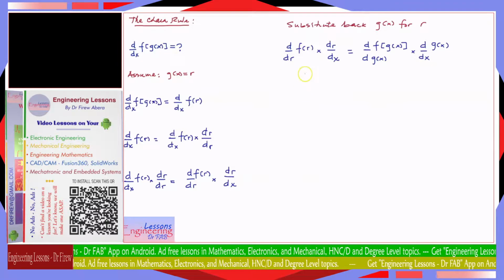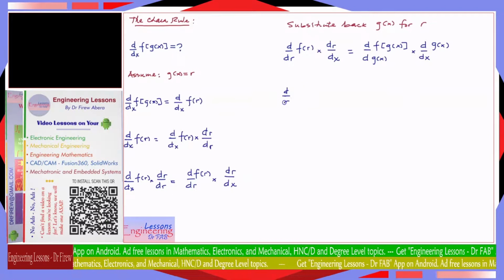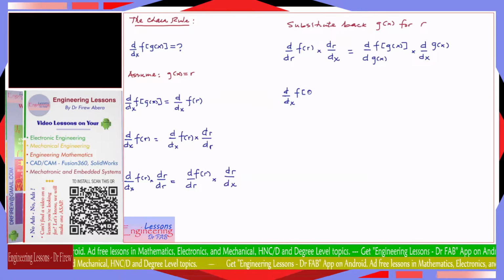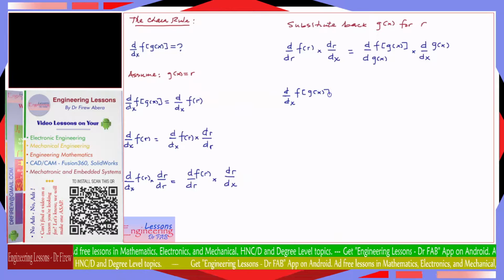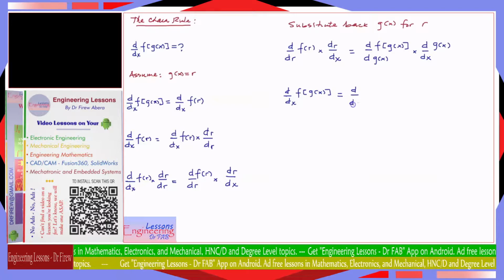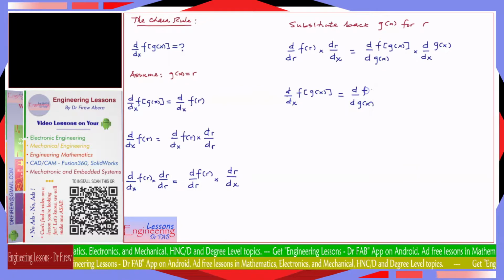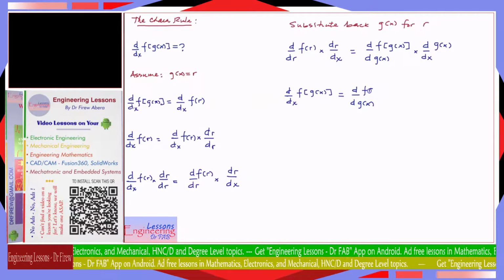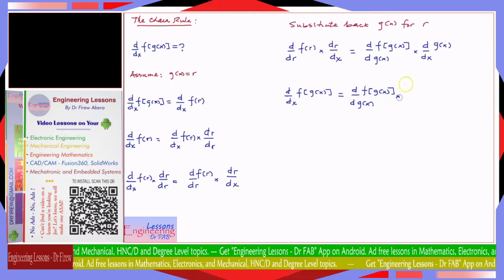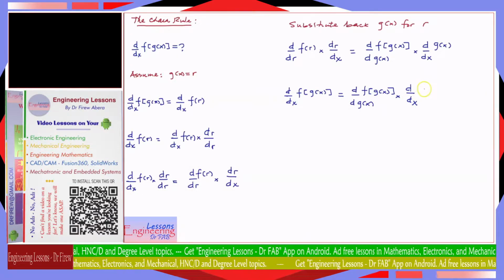So therefore we have derived the formula for finding the derivative of d by dx of f of g of x. This equals, now if we then substitute back g of x in place of r, d by dx of f of g of x equals the derivative of f with respect to r, times d by dx of g of x.